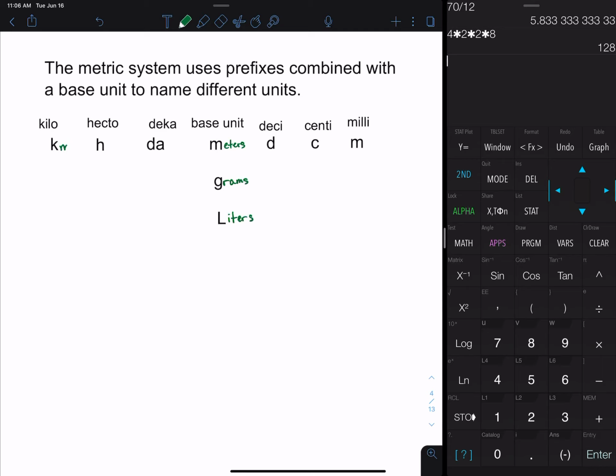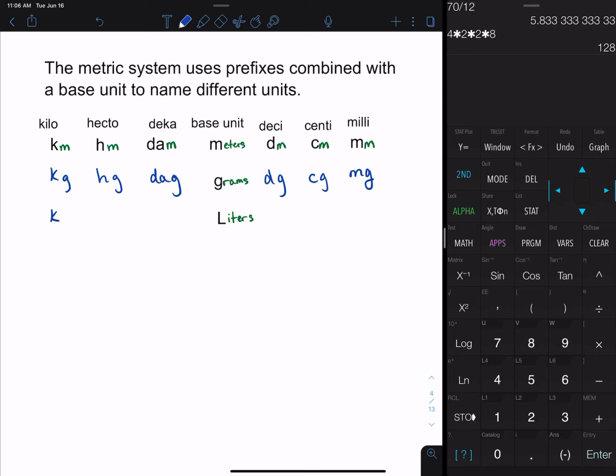So if we were talking about all of these units with meters, I would just stick an M after all of them. If I wanted to talk about the same thing with kilograms or hectograms or decagrams, I could keep going and just put a G after all of those prefixes.